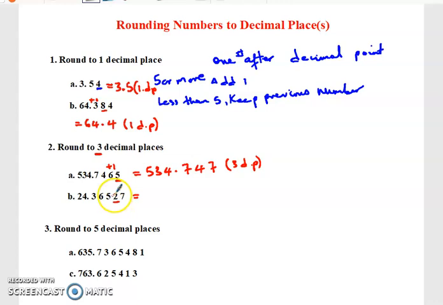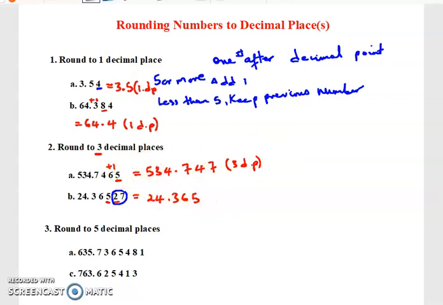Due to the fact that the 2 is less than 5, you're going to keep this digit and leave out everything that comes after. So that is equal to 24.365. So in this case, you actually round down, because you keep the previous number.